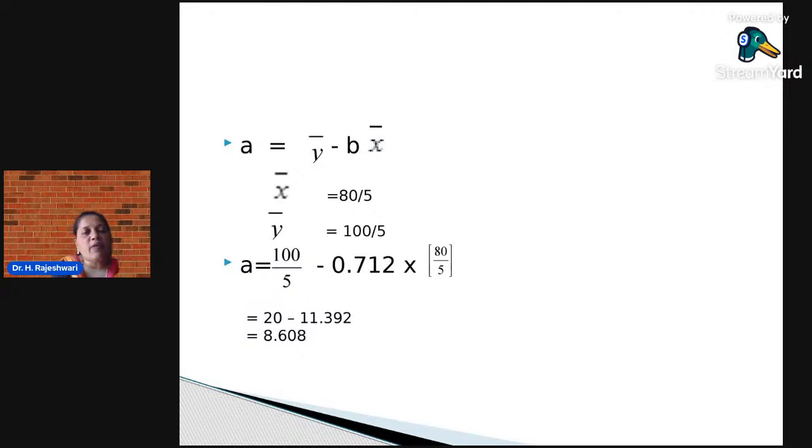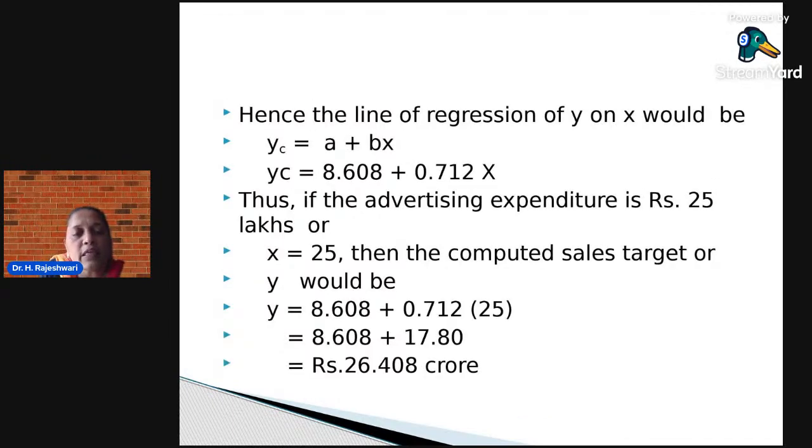Once you find the a value, substitute both in the formula and you'll come out with the regression equation. The regression equation here is 8.608 plus 0.712x. Use this formula to find any y value if the x value is given to you, or any x value if the y value is given to you. In both ways, they may ask you in the examination.